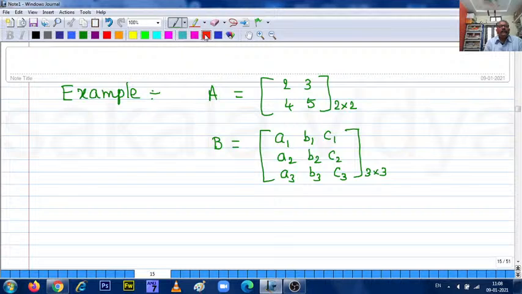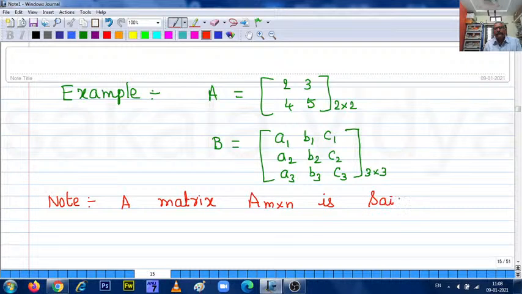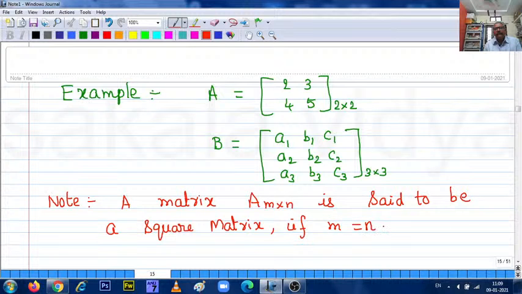So write down this important note. A matrix of order m by n is said to be a square matrix if m is equal to n.